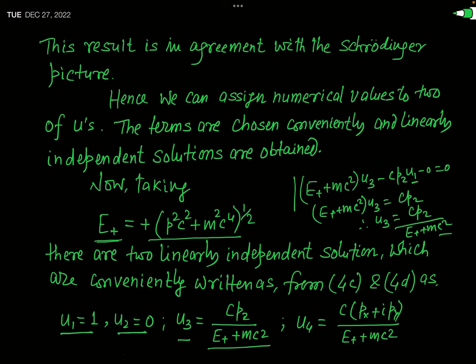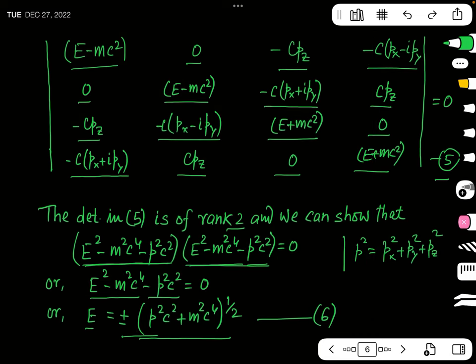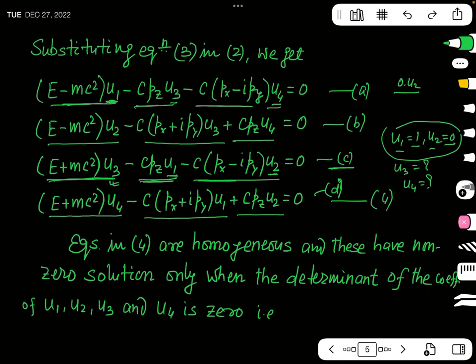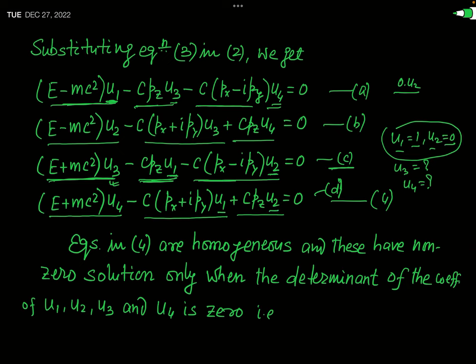Okay, so you can see I have written here that in this condition u3 will be equal to cpz over e plus mc square. Now you can see the 4d equation. See here, in this equation u1 and u2 are present. u1 is 1 and u2 is again 0, so this last term will vanish and u1 will be 1.